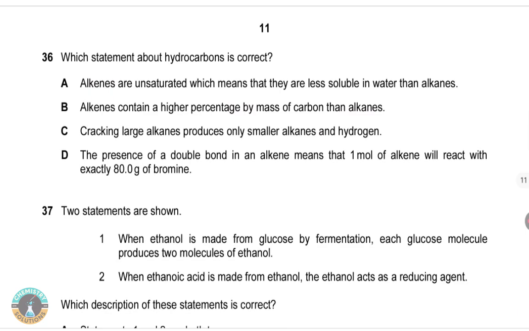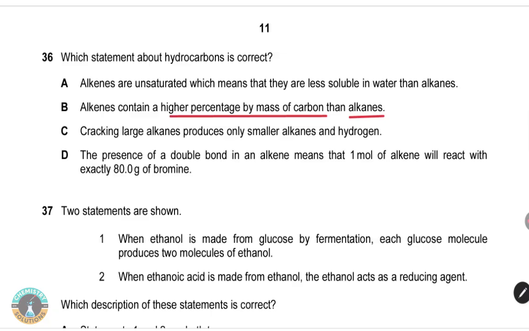Which statement about hydrocarbons is correct? Alkenes are unsaturated, which means that they are less soluble in water than alkanes. No, it doesn't mean that. They are covalent molecules, so that's why they are insoluble in water. Alkenes contain a higher percentage by mass of carbon than alkanes. Yes.